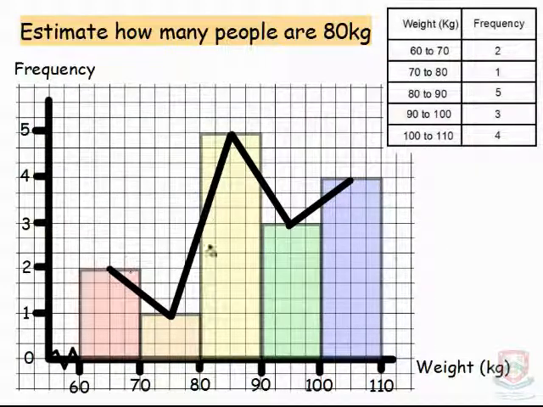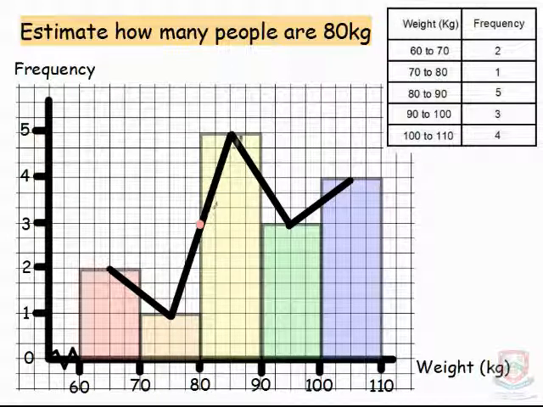This zigzag line is our frequency polygon and can now be used to compare data or to make estimations. If I want to know how many people are about 80 kilograms, I can now look at where 80 kilograms is and see that it actually crosses at about 3.